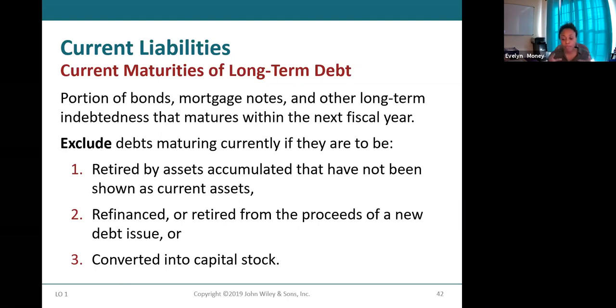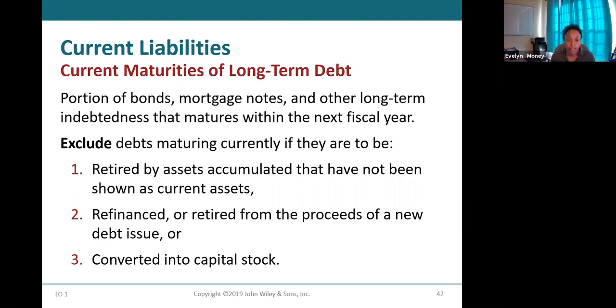So again, remember the primary focus: if I use current assets to extinguish the debt, it is classified as a current liability. This is why when bonds come due, we don't reclassify them as current maturities of long-term debt, because most of the time to retire a bond, we're using a sinking fund that was set aside for that purpose, and that sinking fund is a long-term asset.